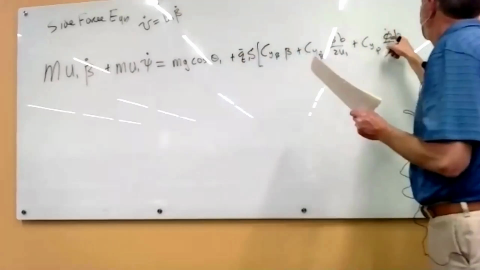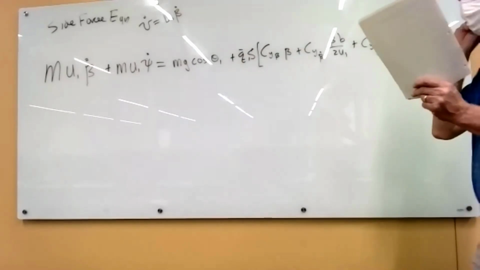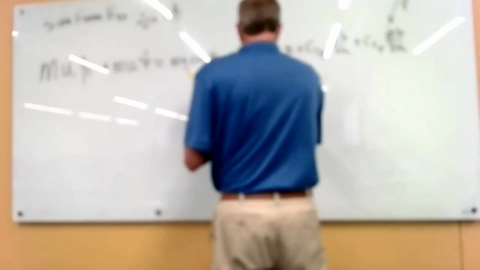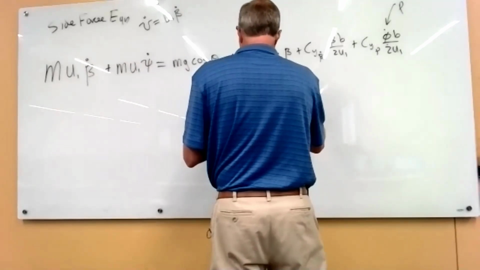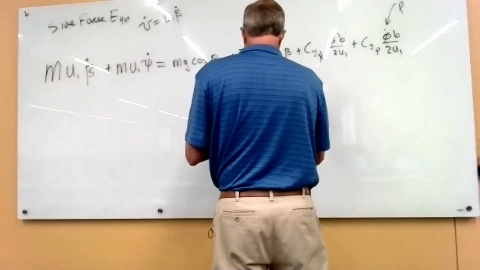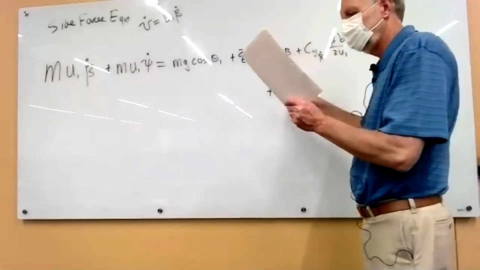Here, there's phi dot. That's where this was p before, and we plugged in phi dot for that. And there used to be an r here, but now it's psi dot because we used that.